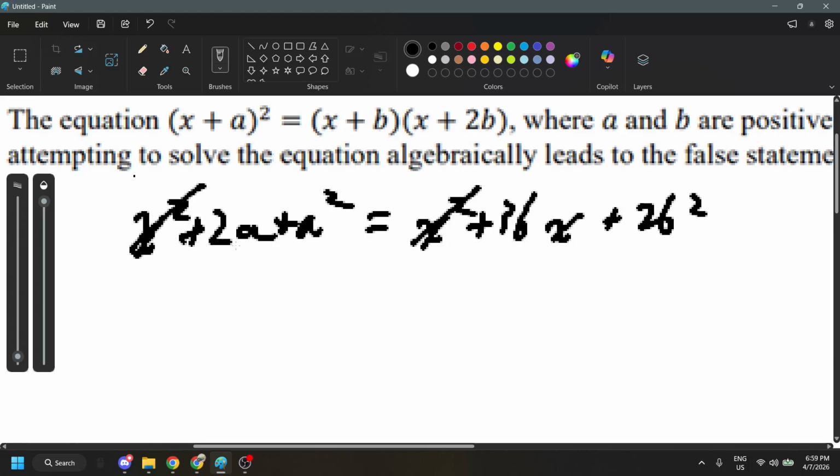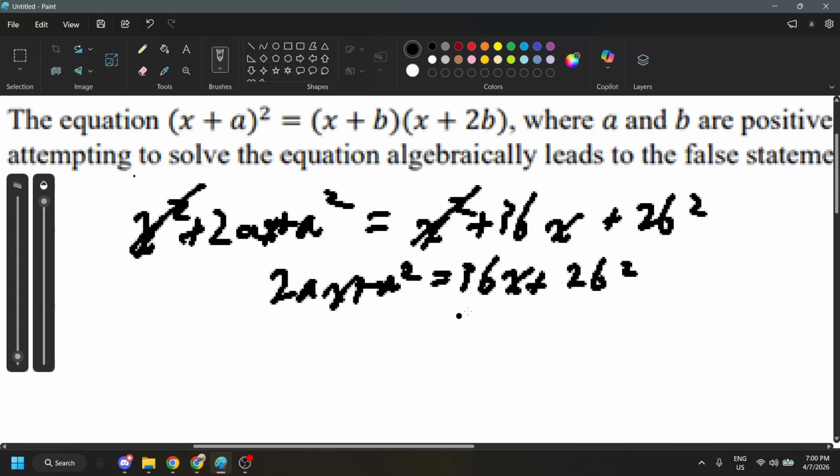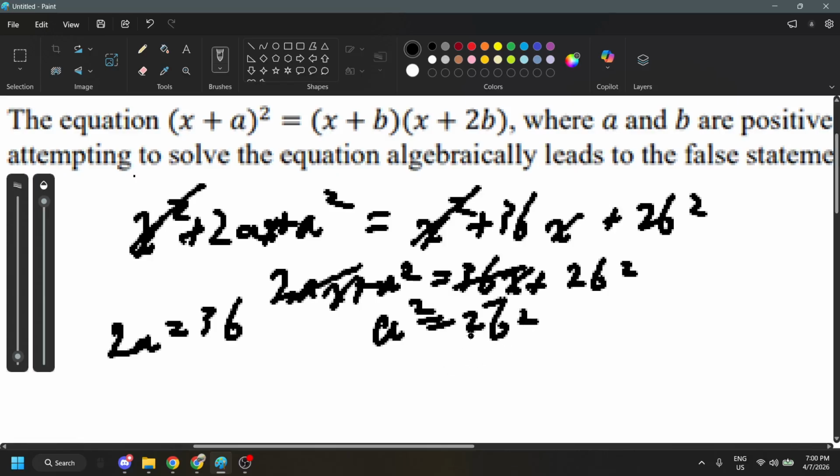Cross out these x squareds, so then 2ax plus a squared is equal to 3bx plus 2b squared. If we were to attempt to solve it algebraically, then this has to be equal to this. So 2a is equal to 3b. Crossing these out, we get a squared is equal to 2b squared. This is the 0 is equal to 8 that we're looking at.